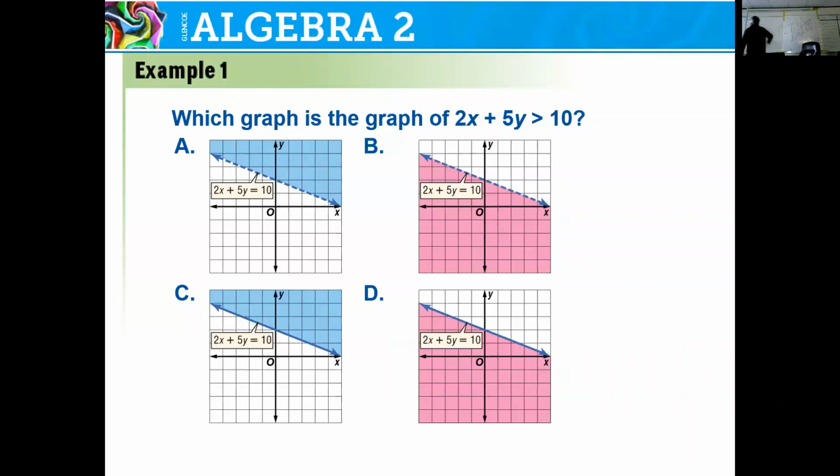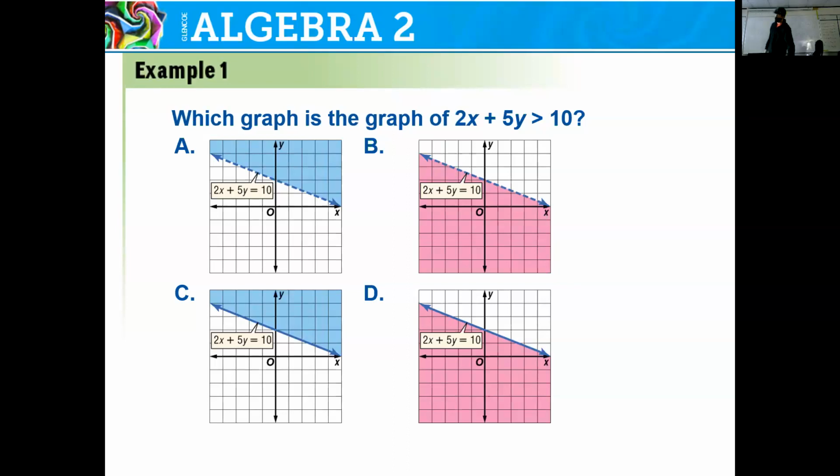It says, which graph is the graph of 2x plus 5y is greater than 10. The first thing with any multiple choice question that I like to do is ask myself, are there some answer options I can eliminate?